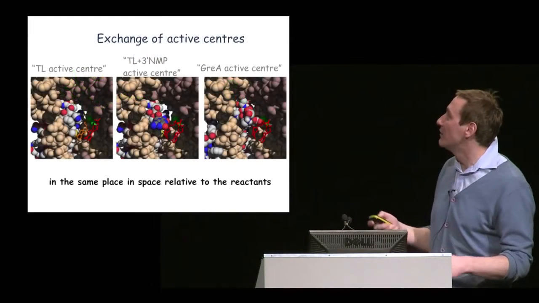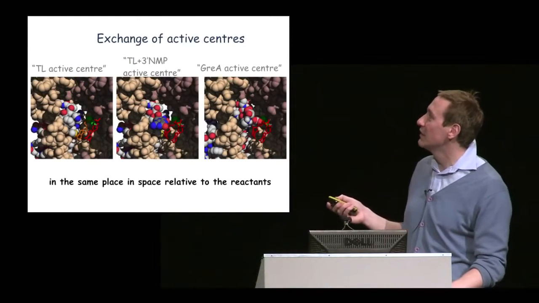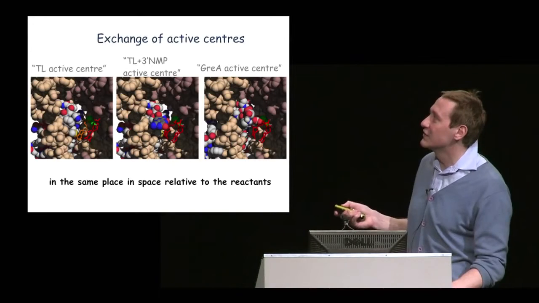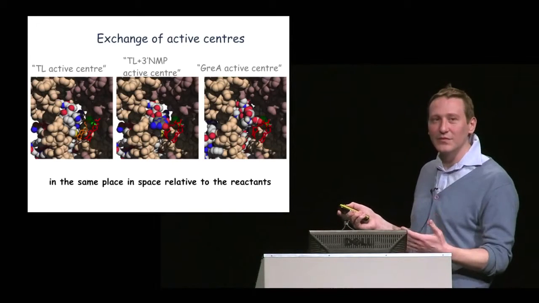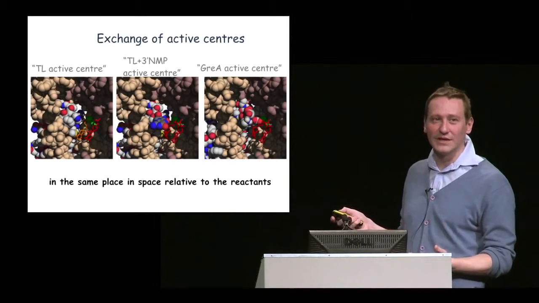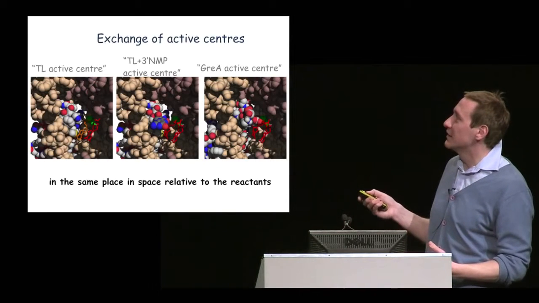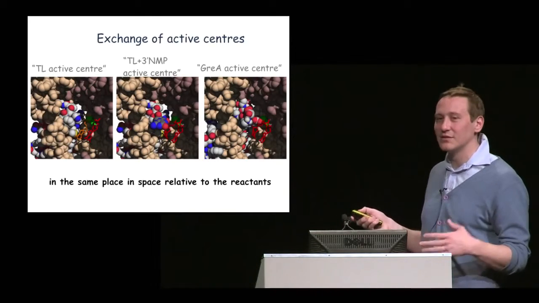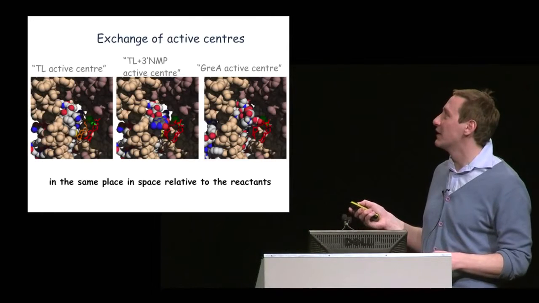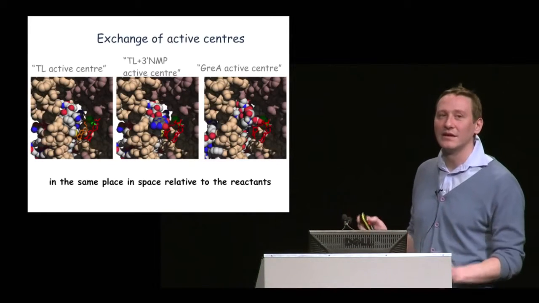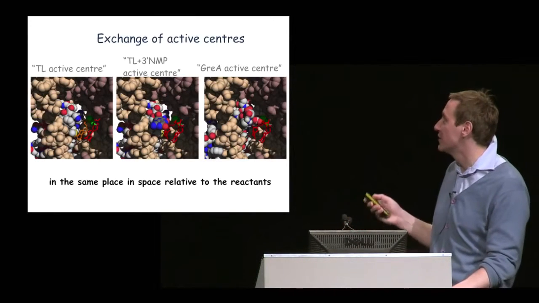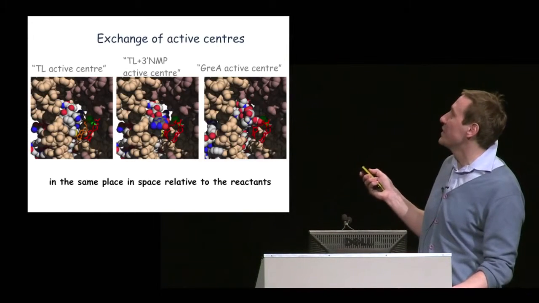It can be more vivid in the space-filling model. So this is the trigger loop active center that is sufficient in catalysis of phosphodiester bond formation. This is the composite active center of the trigger loop and the 3' end of RNA, which is relatively efficient in RNA hydrolysis. And this is the GreA active center.